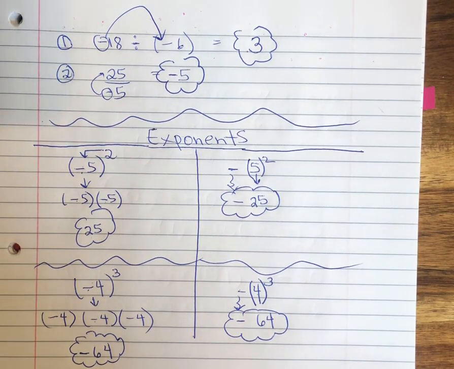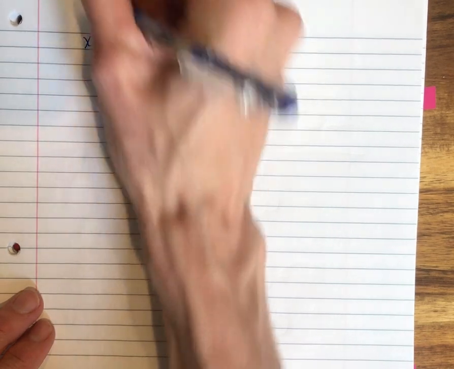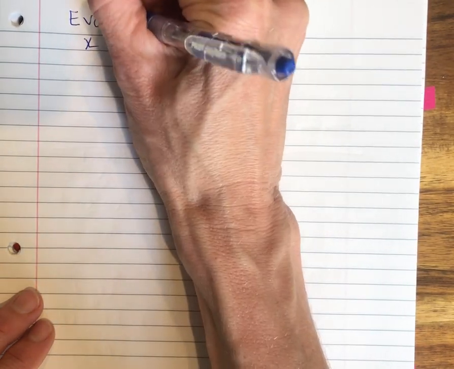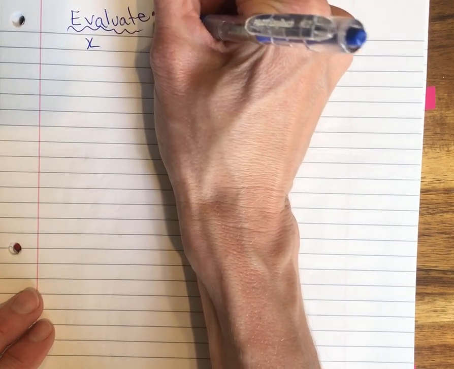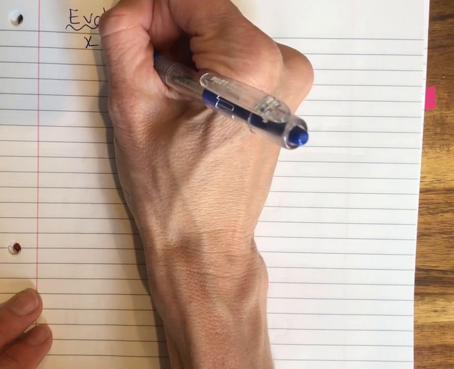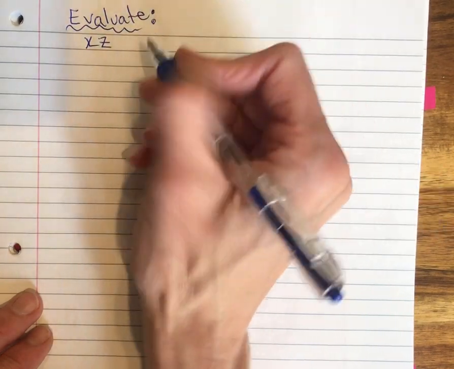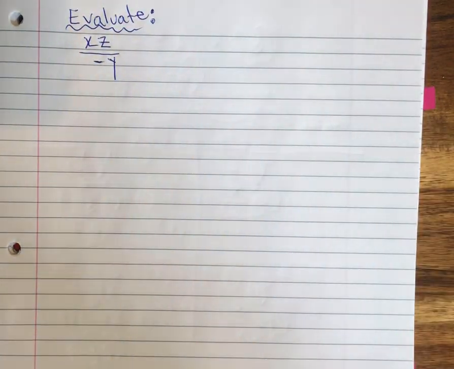Okay, we have one more part of the lesson that we need to tackle, and that is when we have to evaluate an expression, something kind of like this. So the directions will say evaluate. We know that means just plug it in and solve the best we can. So our expression is going to be x, z, over negative y.